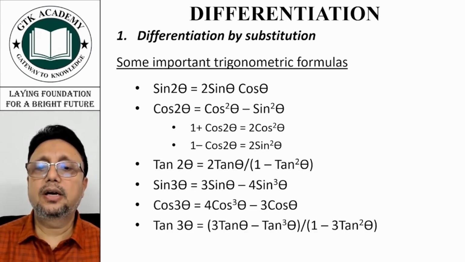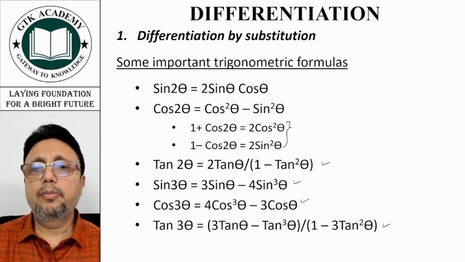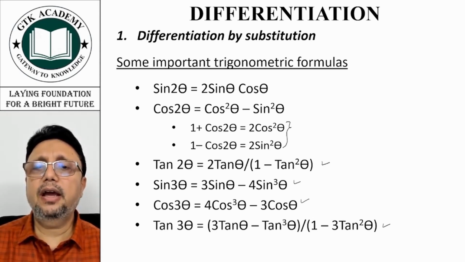These are certain formulas: sin 2θ, cos 2θ, and two forms of cos 2θ, tan 2θ, sin 3θ, cos 3θ, and tan 3θ. Just memorize them. We'll be using them here, and also they are used very often.